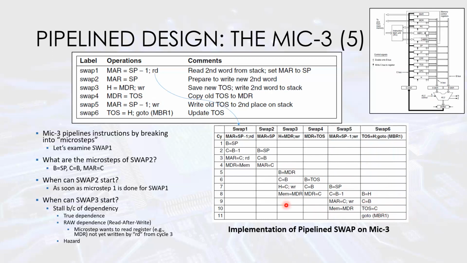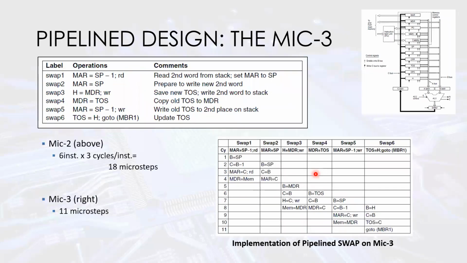We really just had that one particular data dependency there. We call that a read after write dependency, because I'm trying to read the data in MDR after it is being written into that MDR register. And I had that dependency there.